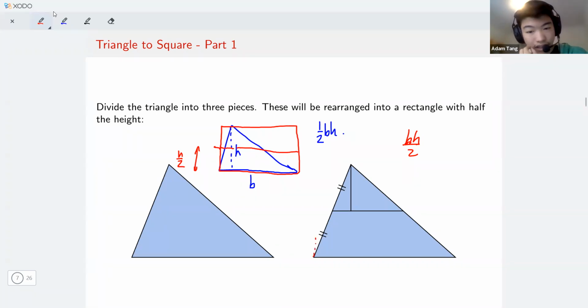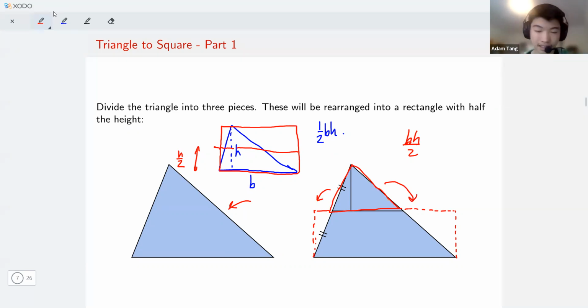So if we consider this rectangle, then this rectangle has the same area as the whole original triangle. If we can find a way to take this top triangle and put it into these empty areas, then we're done.